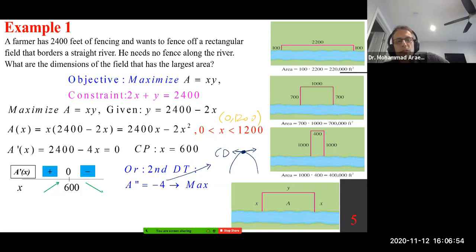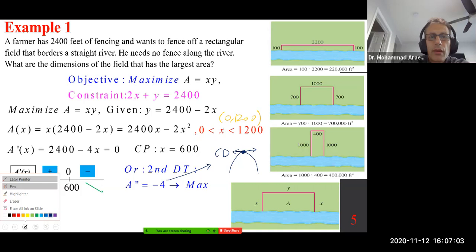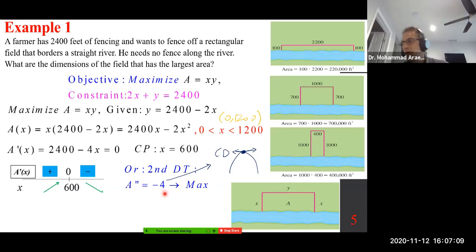So the max occurs there. I hope you see that the second derivative test is easier. Of course, we are supposed to plug in the critical point into A double prime, but because it is not a function of x, you don't need to. And so having said that, the choice is x equals 600.